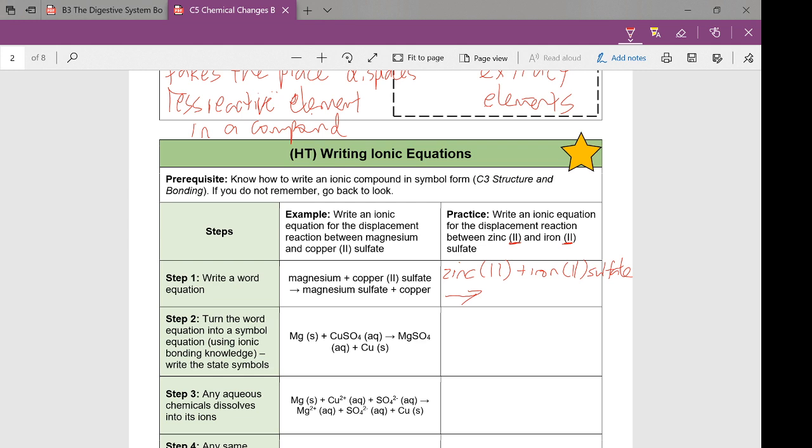If zinc is more reactive, so it's a bit stronger than iron, can zinc bully out the iron to take sulfate away? Yes. So, if zinc bullies out the iron, that means that zinc will become zinc sulfate.